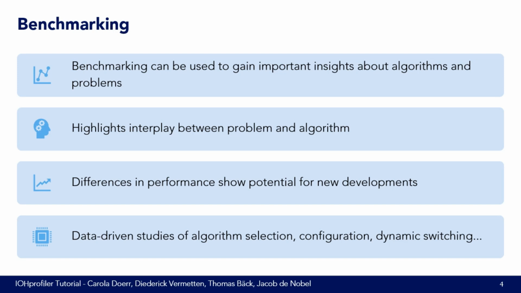But in order to get the required insights from benchmarking, we need to make sure that benchmarking is actually usable. There's more to benchmarking than just saying, oh, this is the final solution that I have found.